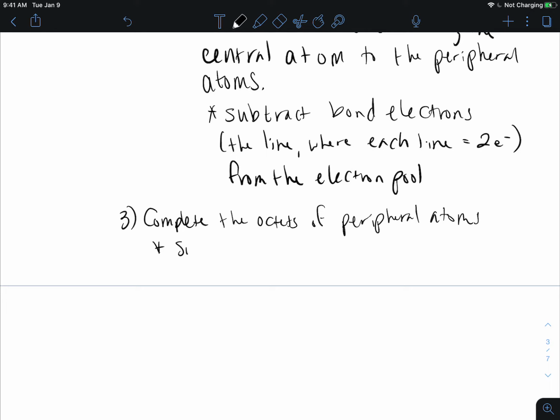Again, subtract all the electrons you added from the electron pool.